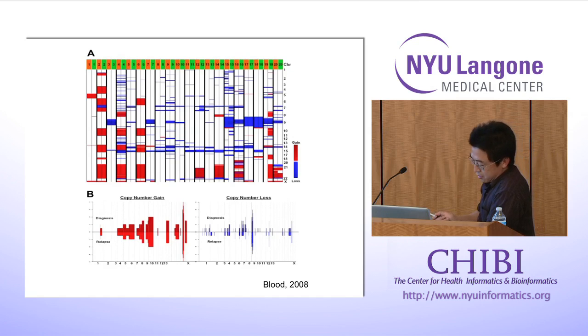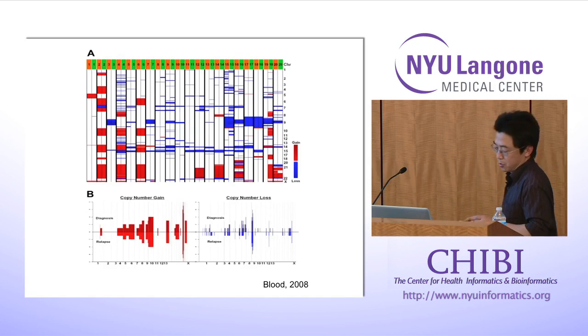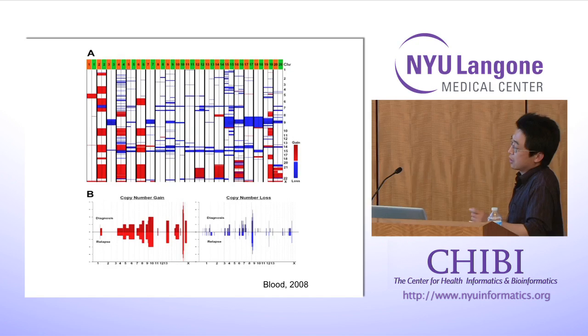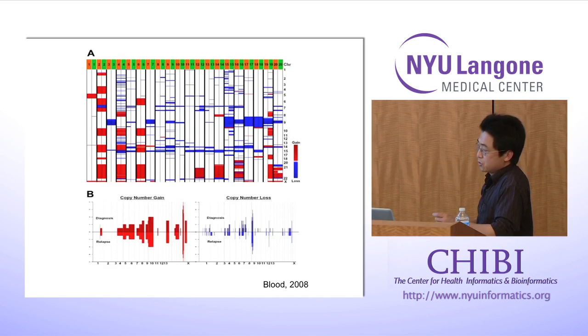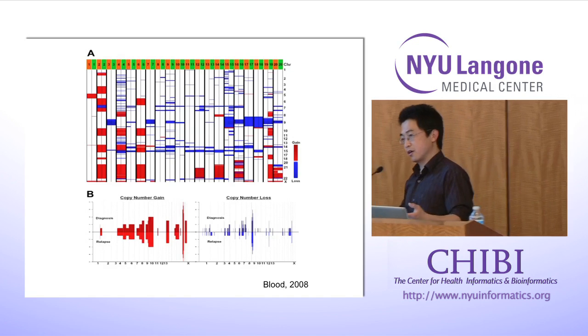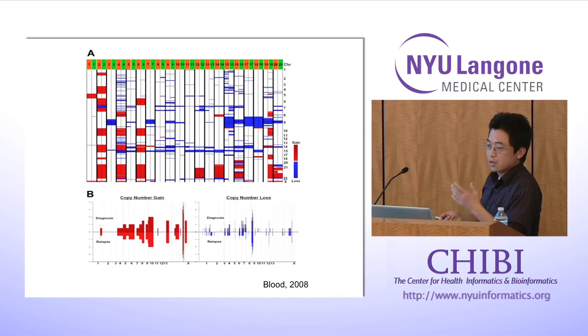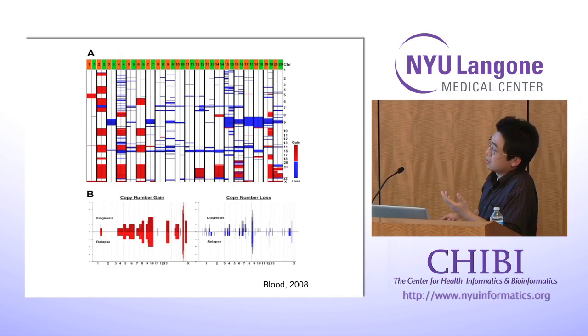Using the SNP arrays, we can deduce the copy gain or loss for each paired patient. We can then compare the copy number status between diagnosis and relapse to see where we see copy gains in relapse that we didn't see in diagnosis, or some copy loss in relapse we didn't see in diagnosis.